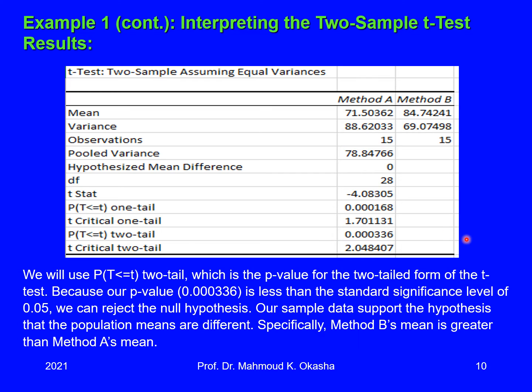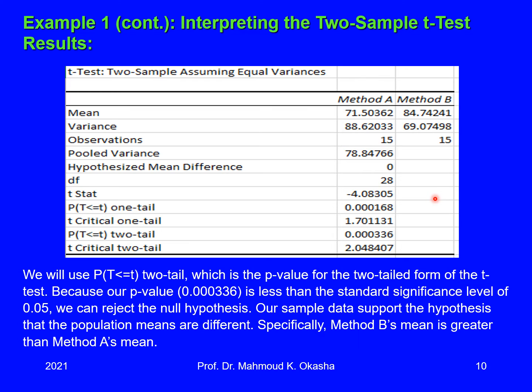0.000336, which is very small and much smaller than the alpha level, which is 5%, as we said. So as long as the p-value here is very small, then we can safely reject the null hypothesis and say that we have enough evidence to reject the null hypothesis.